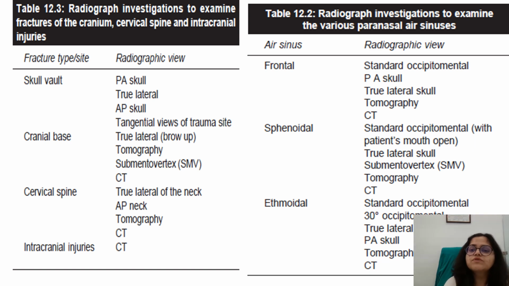If you want to examine the various paranasal sinuses, it has been divided according to the sinuses. To evaluate the frontal sinuses, you can go for radiographic exposure of the standard occipitomental, PA skull, true lateral skull, tomography, and CT. Likewise, the sphenoidal and ethmoidal sinuses can be seen with various extraoral radiographs.